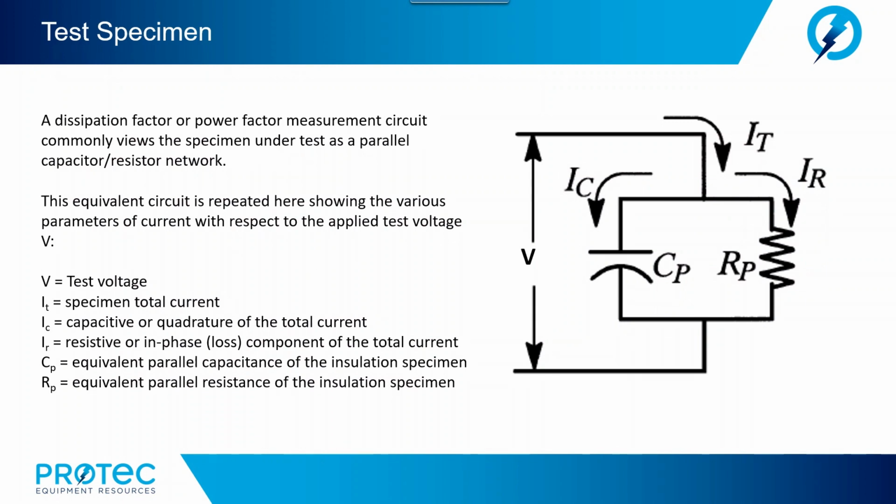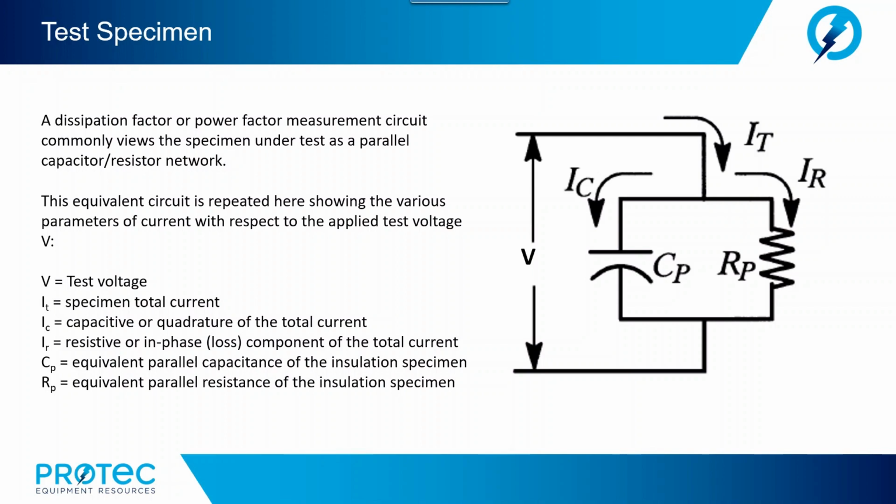A dissipation factor or power factor measurement circuitry commonly views the specimen under test as a parallel capacitor resistor network. The equivalent circuit is repeated here, showing the various parameters of test current with respect to the applied voltage. V is the test voltage.